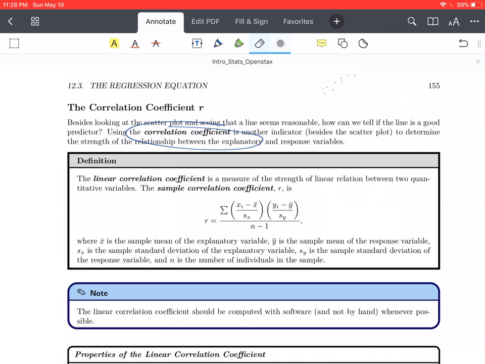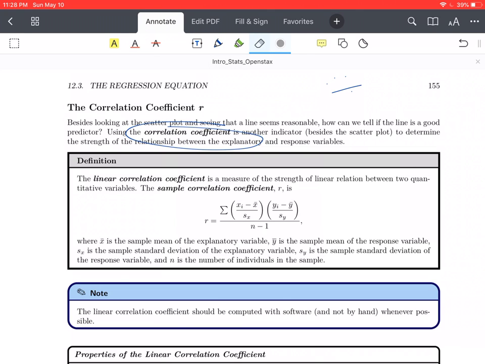Whereas if we took a data set that was not so strongly related, so just kind of something like this, and then try to draw a line of best fit, that would have a very weak correlation coefficient because it doesn't look like the line fits the data very well. Okay?